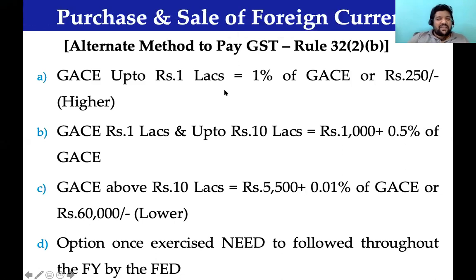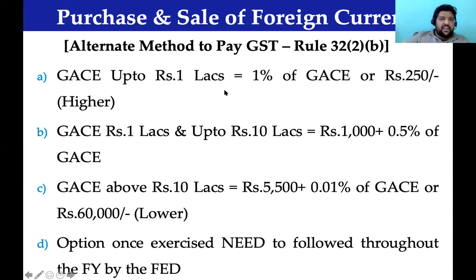Now, coming back here, the point for our further discussion is the gross amount of currency exchanged. If you are buying foreign currency from the foreign exchange dealer's perspective, the buying rate into your number of foreign currency units will give the gross amount of currency exchanged.